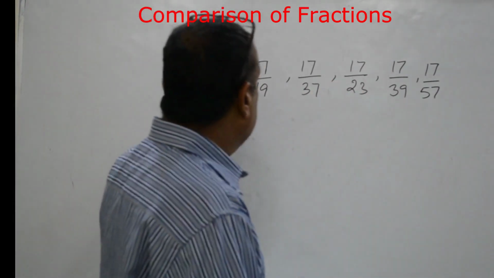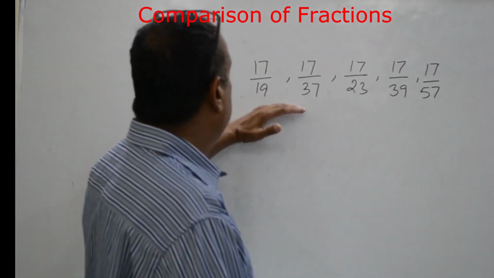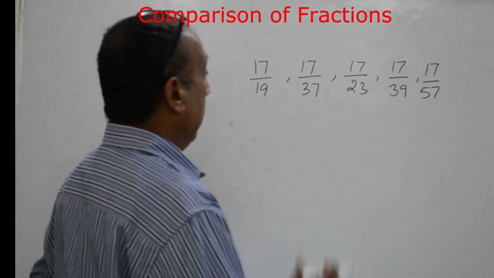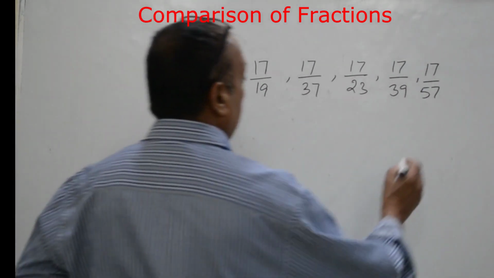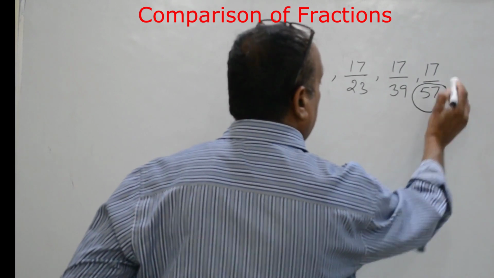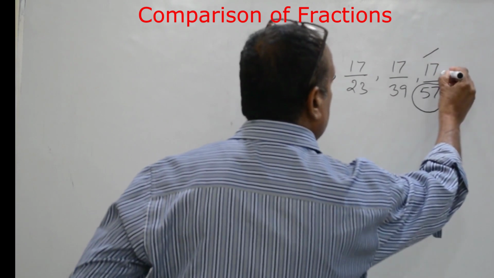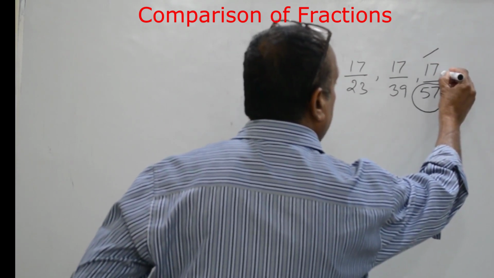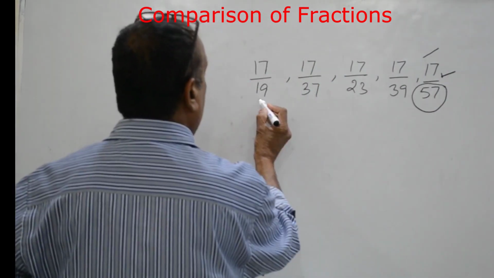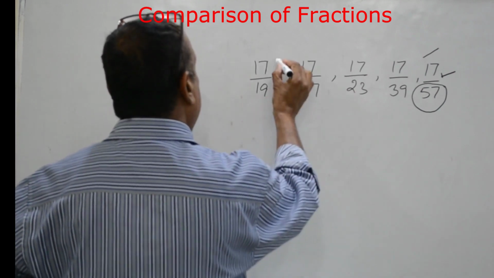So in the case where the numerator is the same and the denominator has different values, then focus your attention on the denominator. The fraction with the highest denominator is the smallest. So 17 upon 57 is the smallest fraction, and the fraction with the smallest denominator is the biggest fraction.